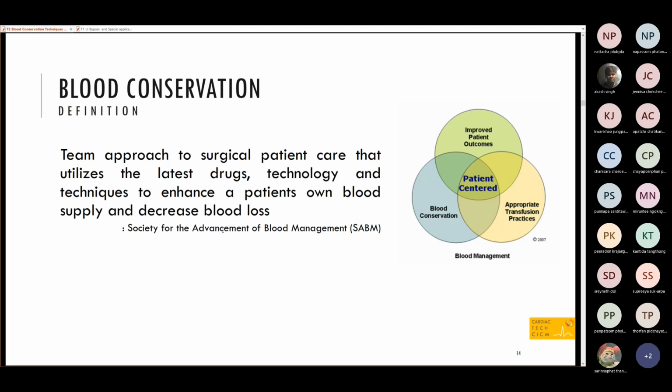Here is the definition: a team approach to surgical patient care that utilizes drugs, technology, and techniques to enhance the patient's own blood supply and decrease blood loss. That means we need to recycle the blood for the patient, right? So we avoid using other people's blood from a donor.